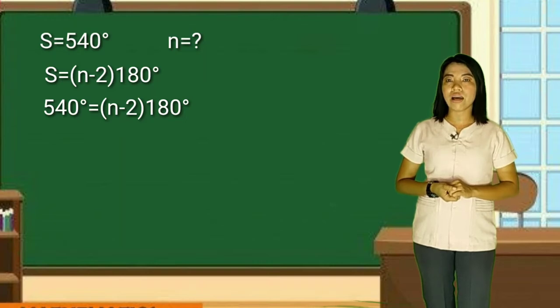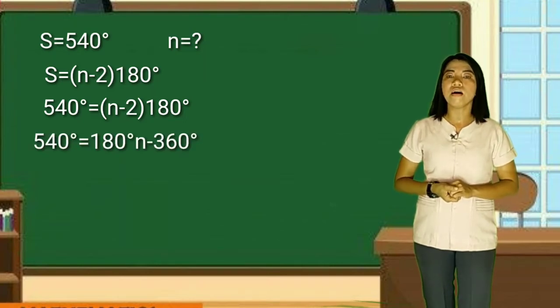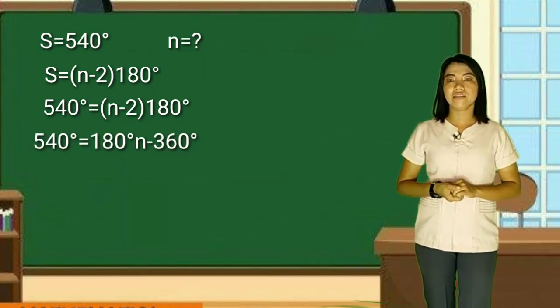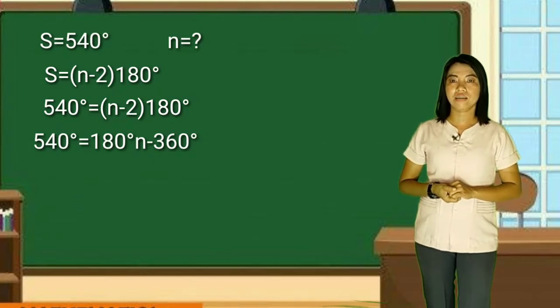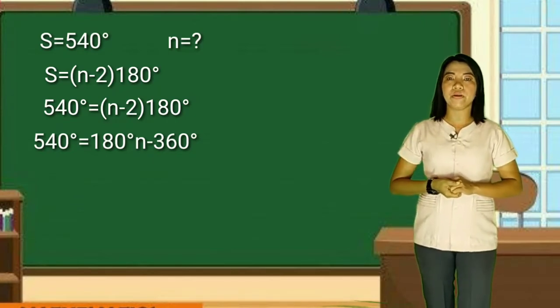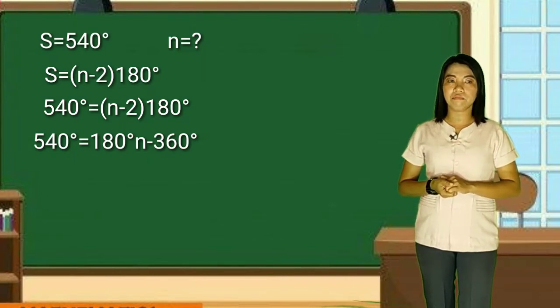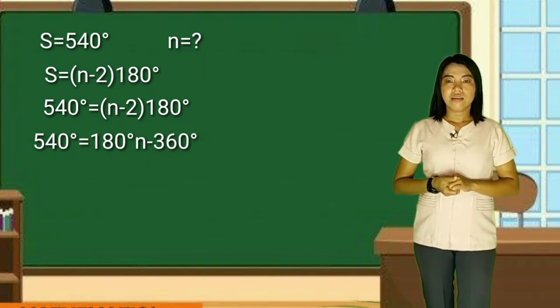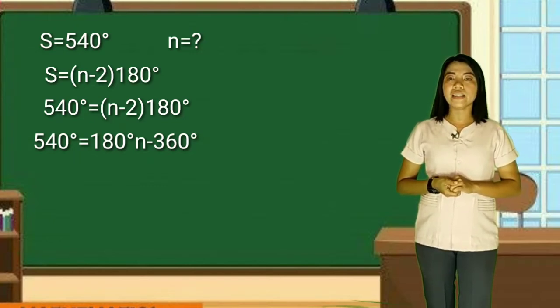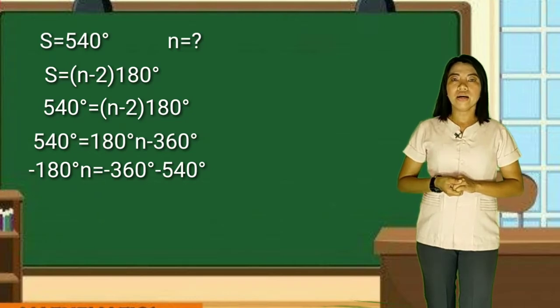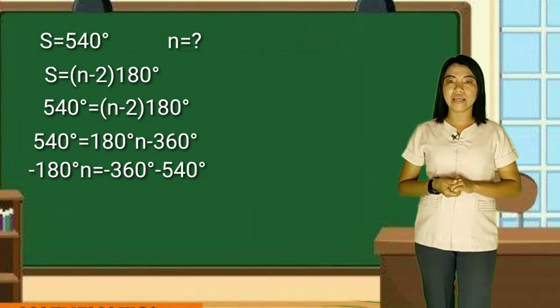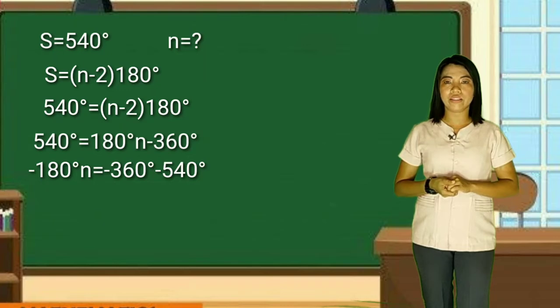So we have 540 degrees is equal to 180n minus 360. Using the distributive property, you multiply n times 180, so we have 180n. Negative 2 times 180, we have negative 360. The next step is negative 180n is equal to negative 360 minus 540.